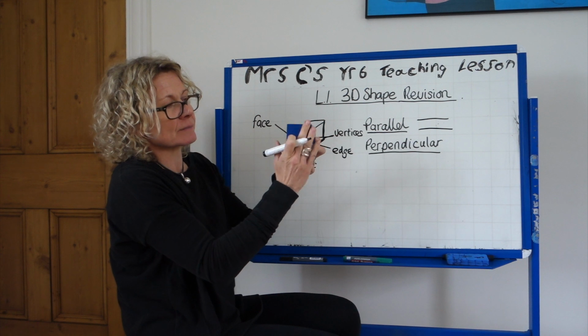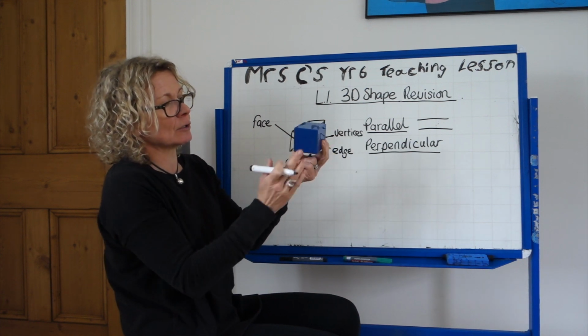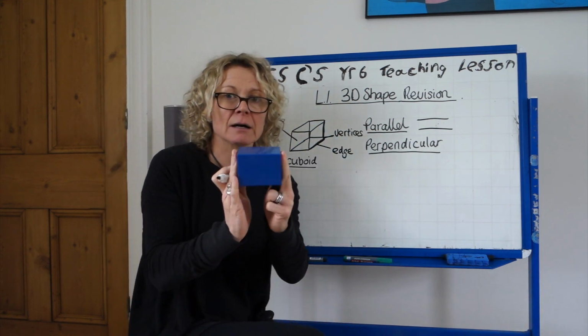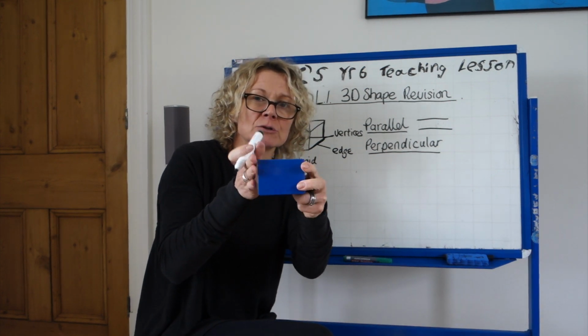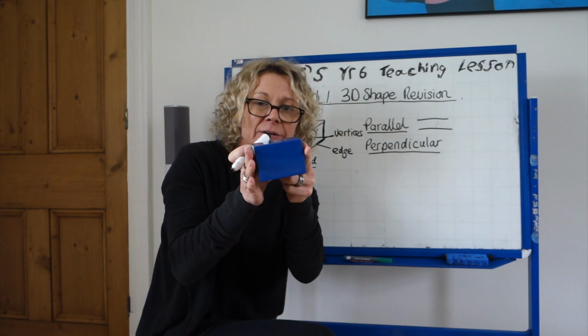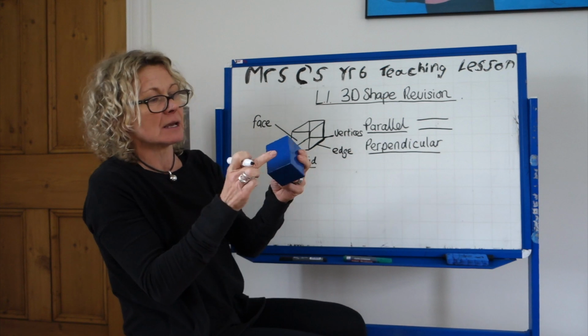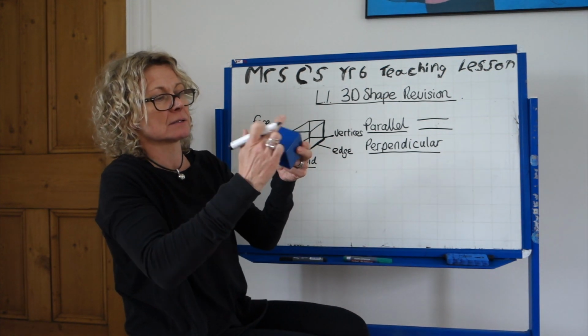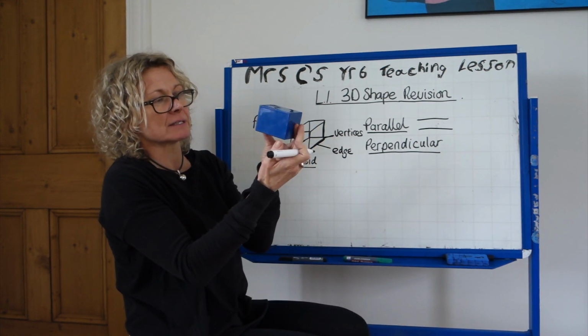This face and this face of the cuboid, here and here, they are parallel faces, okay? So if they went forward towards you there, they would carry on going like that forever and ever. They are parallel faces. Parallel edges, parallel faces, okay?